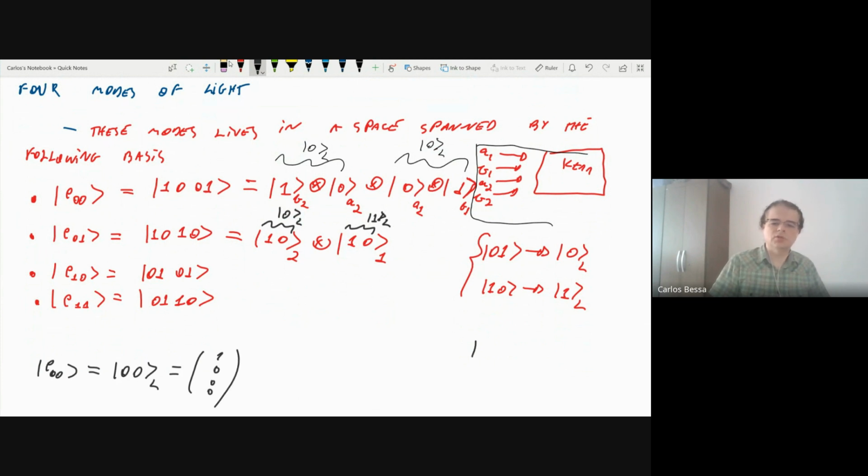Just remember, 0 is defined this way, and the logical 1 is defined this way. If we have the tensor product of 0, 0, we have a matrix like this.